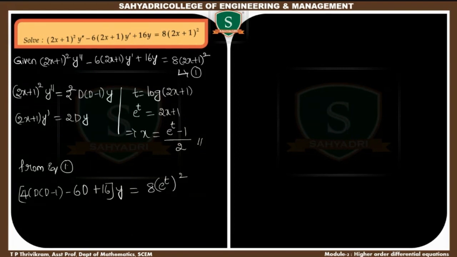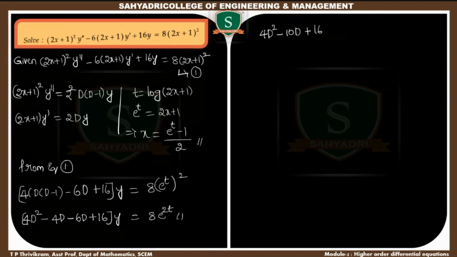You have to do the simplification here. So 4D square minus 4D minus 6D plus 16 into y is equal to 8 e power 2t.